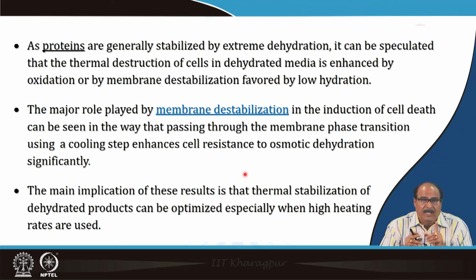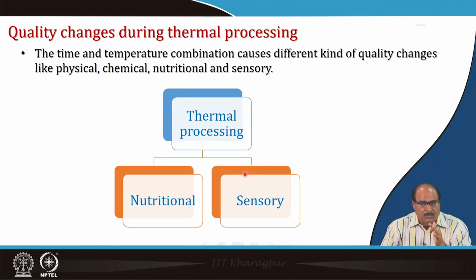So, the main implication of these results is that thermal stabilization of dehydrated products can be optimized, especially when heating rates are used. Now, I will briefly summarize the quality changes during thermal processing.